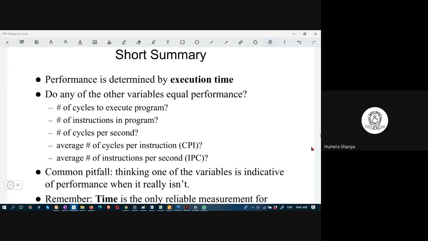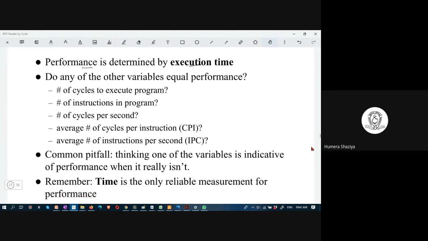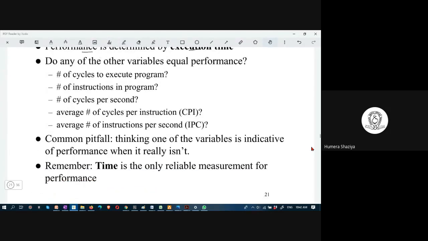The summary is that performance is determined by execution time, and the other variables included in the performance are the number of cycles to execute the program, the number of instructions in the program, and the number of cycles per second.